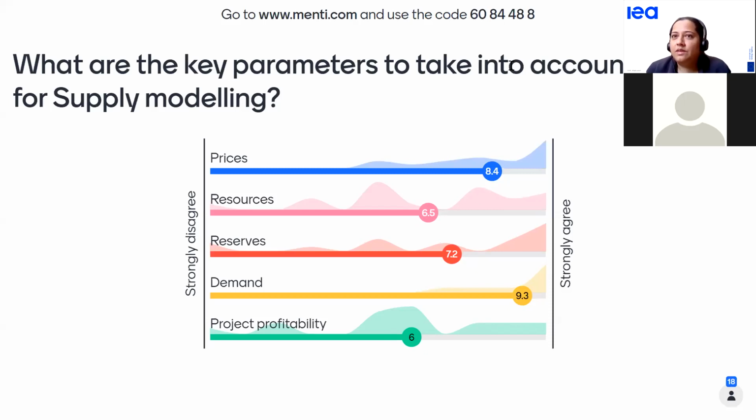I think most of you fully understood that one of the key parameters that needs to be taken into account is demand and prices in addition to the supply parameters. Excellent. Let's move to the second question now.